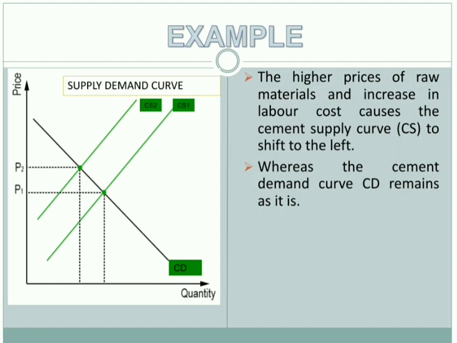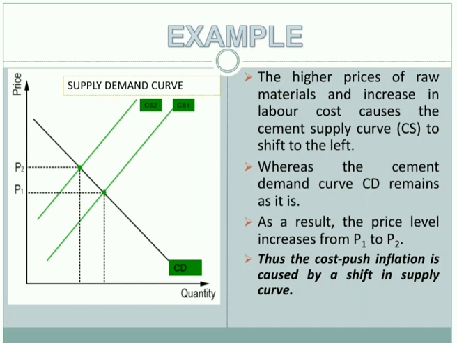Demand is there itself, demand is not changed, but the price which was P1 has now changed to P2. So here we are finding an increase in price, not because of an increase in demand, but because of an increase in the rate of raw materials, labor, etc. So this type of inflation is said to be cost push inflation, where demand remains the same or similar, but the production cost of the goods increases, because of which the price of the goods also increases.